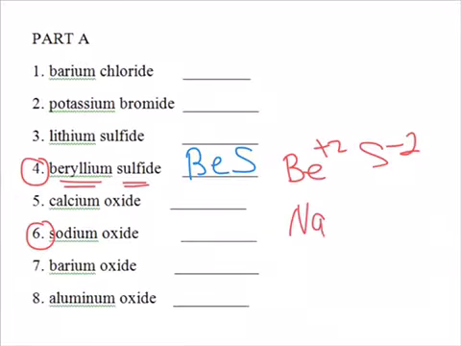Positive 1. Oxide comes from oxygen. Negative 2. 1, 2. We reverse that. It's going to take 2 positive 1s to cancel out a negative 2. 1, 2. 2, 1. We don't put the 1s in our formulas.